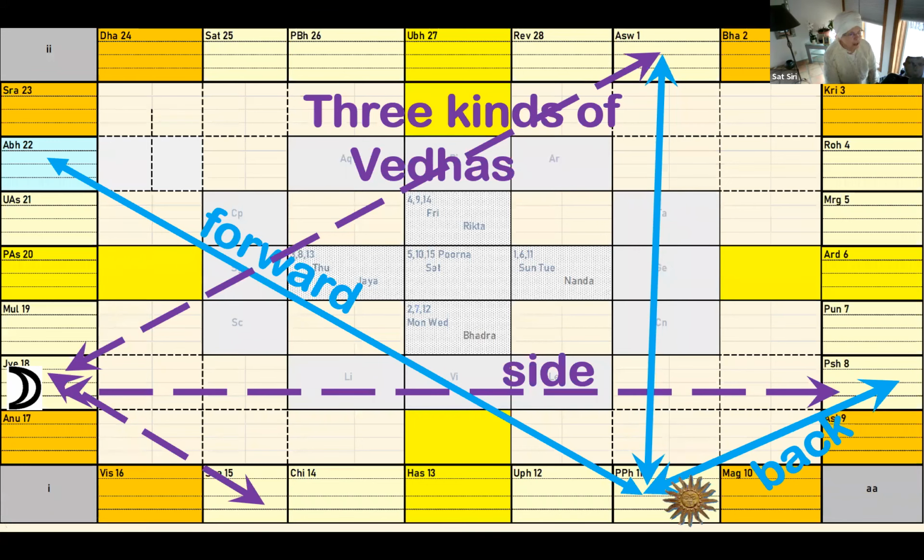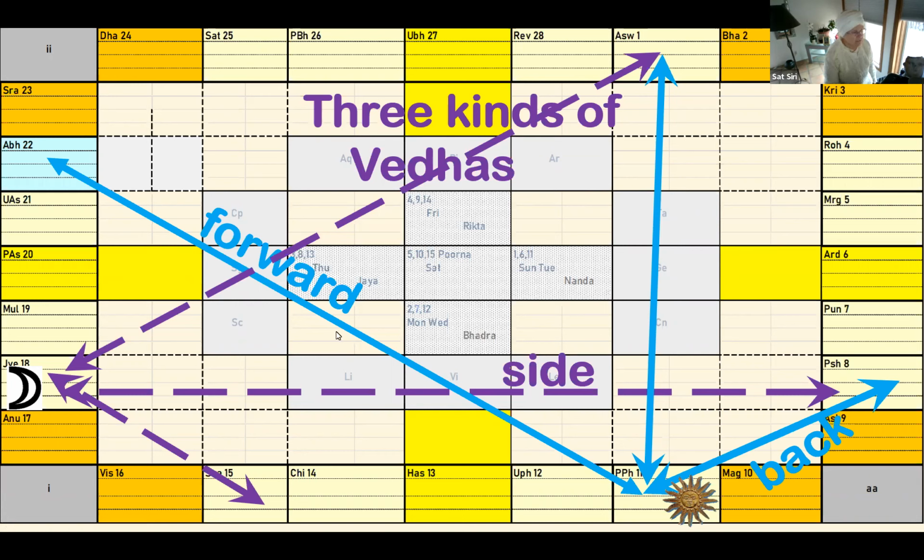So there are three kinds of Vedas, which we can say are an analogy of aspects, but they're not aspects. They are the flow of energy because of movement. And Veda is a word that can either mean good and pious, or it can mean piercing, destroying, breaching.